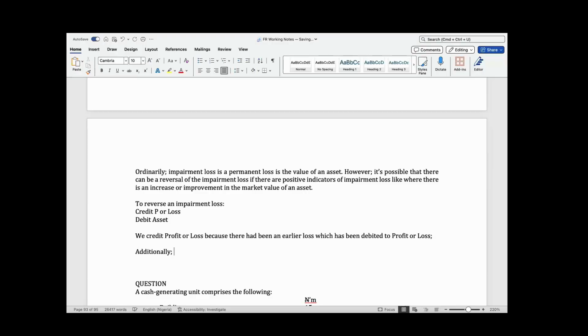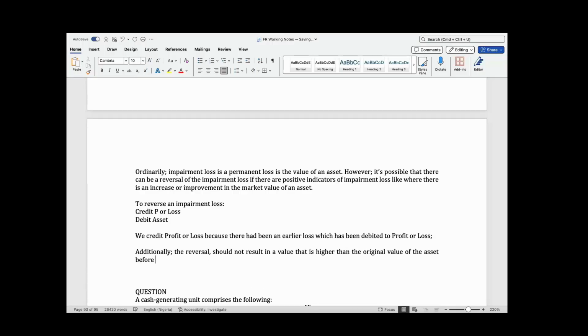Additionally, when impairment loss is reversed, the reversal should not result in a value that is higher than the original value of the asset before the impairment loss.